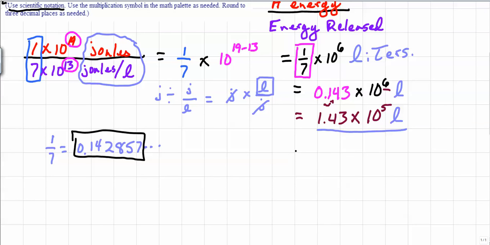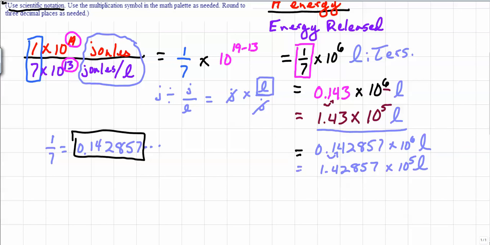So this should actually be written as 0.142857 times 10 to the 6th liters. And then I would end up, by moving this decimal place to the right one place, 1.42857 times 10 to the 5th liters.